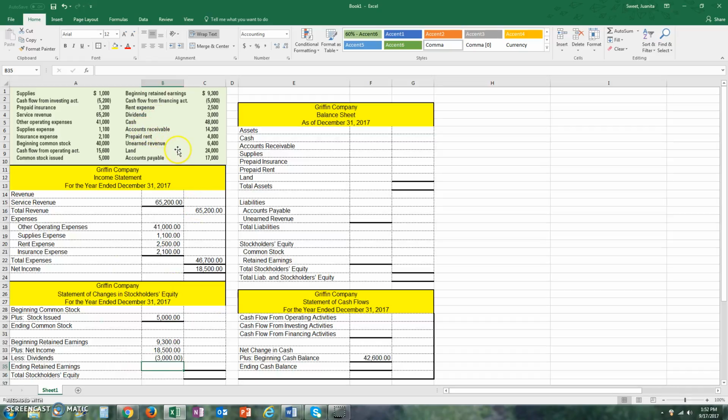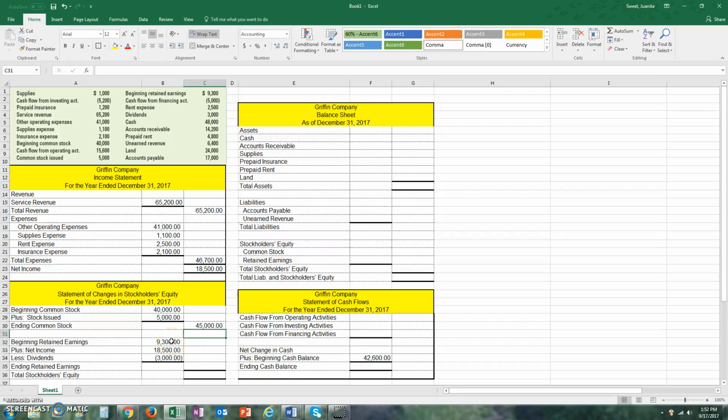Cash, receivable, prepaid, unearned, land, and accounts payable. So I don't see anything else here. I need to find, oh, here it is, beginning common stock. I almost missed it. So beginning common stock was $40,000. So my equity is going to be $45,000 from stock.